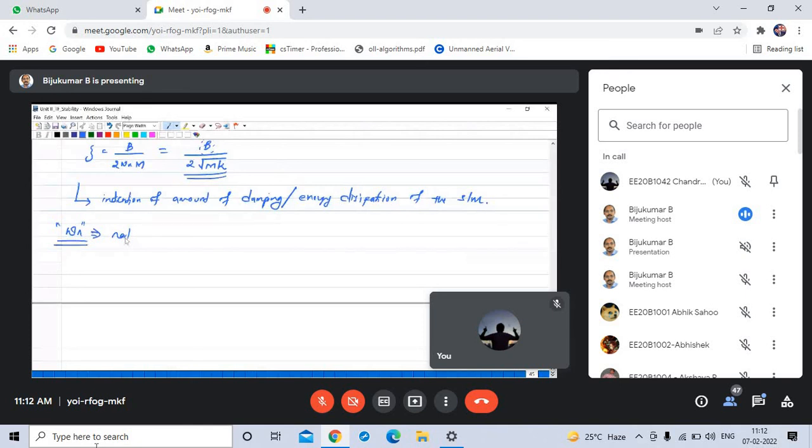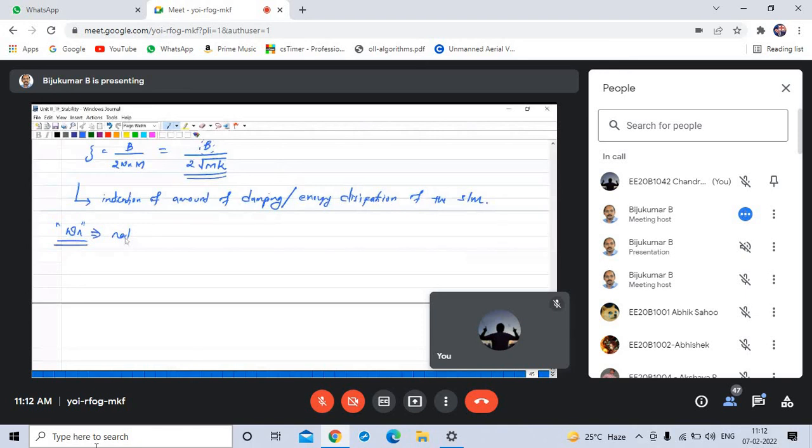We already mentioned that the output response has two parts, right? One is due to the input, that is called the forced response, and one is due to the initial conditions, that is called the free response.